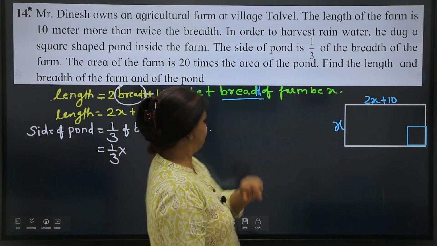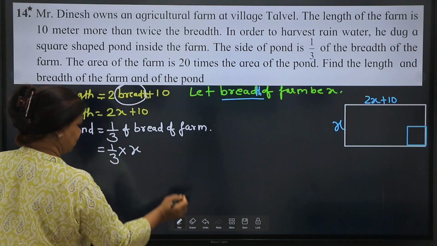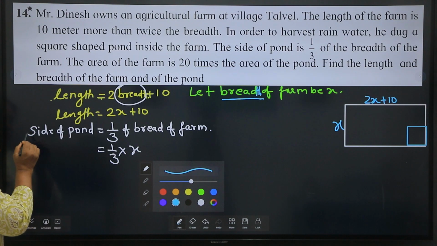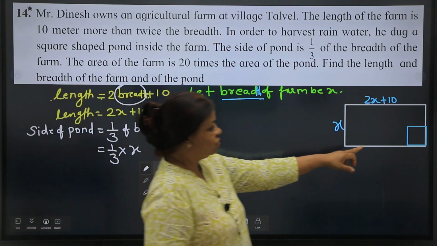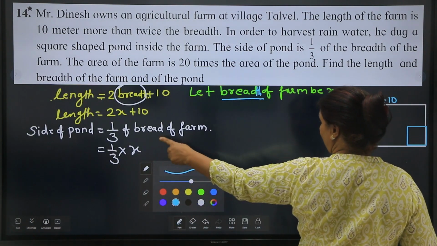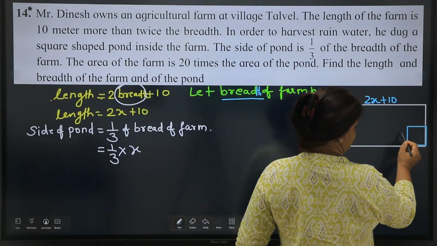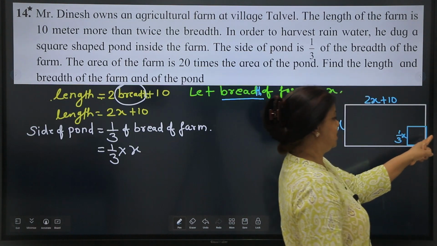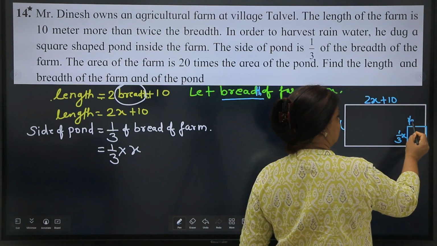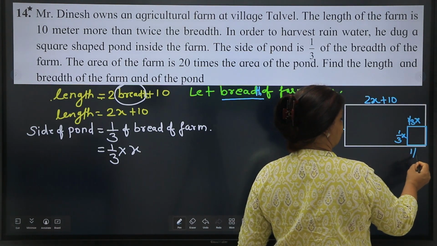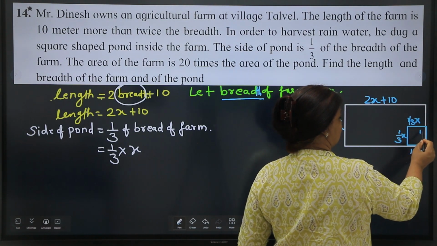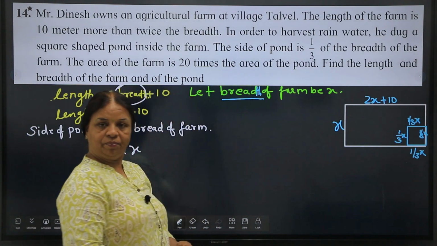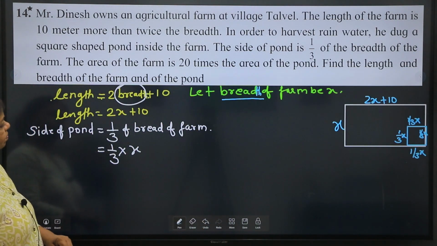Breadth of farm is x. And this is a square. So one of the sides is given 1/3 of x. So 1/3 of x is the side. So this will also be 1/3 x, this one also 1/3 x, this one also will be 1/3 x. So all sides are 1/3 x.